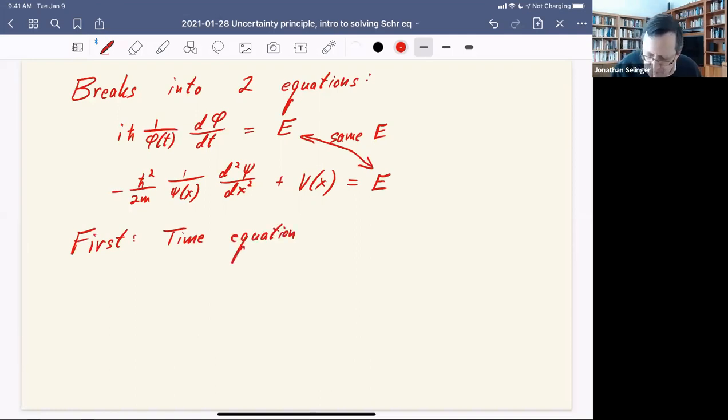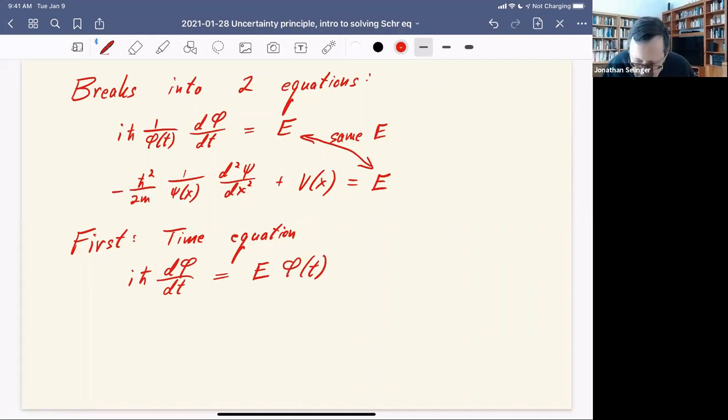The first of those things. Okay, so here we can multiply through by phi of t, once again, now that these things are separated. So we get i h bar d phi dt is equal to E times phi of t, just that, E of phi t, right?